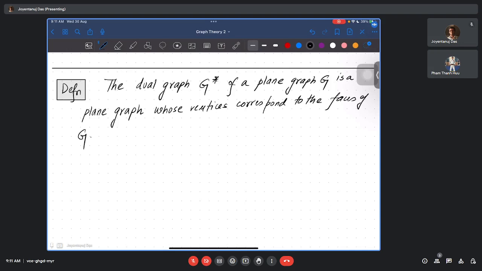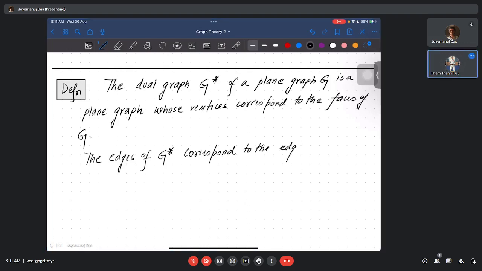And the edges of G star correspond to the edges of G as follows.